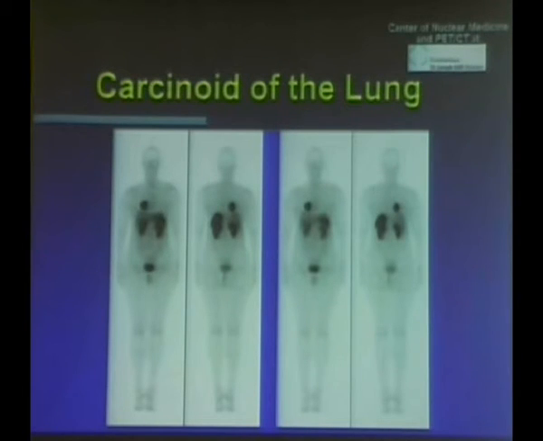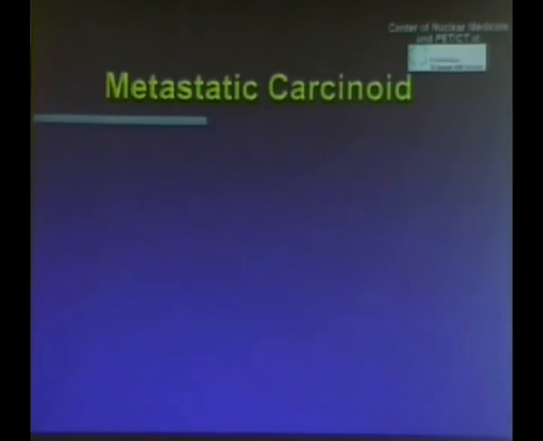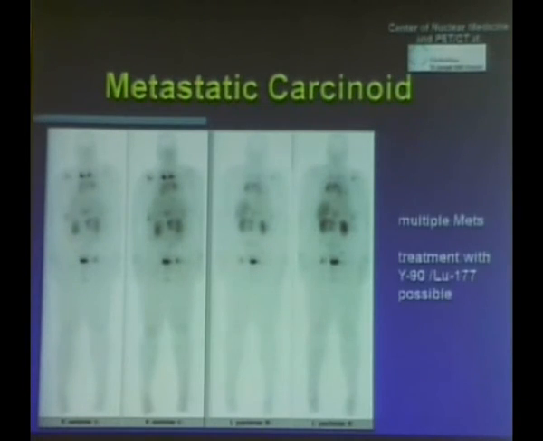But what do we have to discuss if we see a case like this, a metastatic carcinoid, a patient who shows in the octreotide scan a lot of focal uptakes, not only in the lymph nodes of the mediastinum, but also liver metastasis, bone metastasis, and the lower back also. What can we do there? Of course, we know all the metastases of the body.